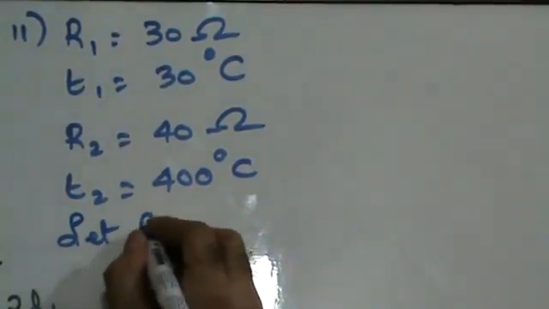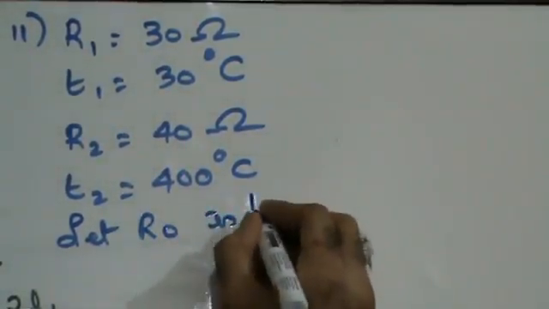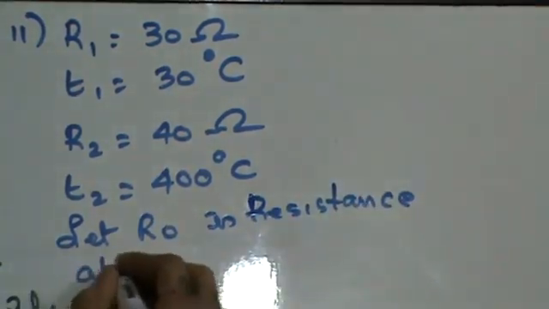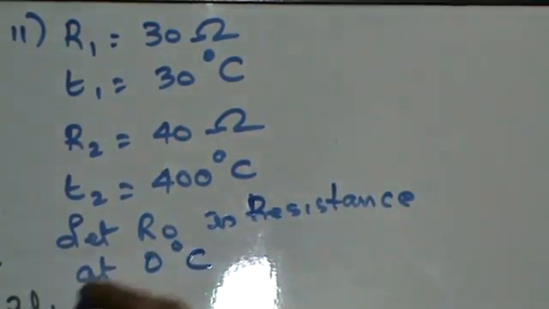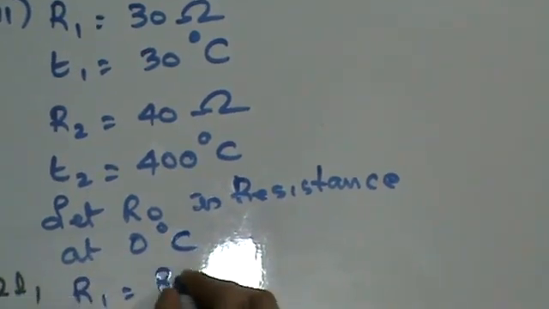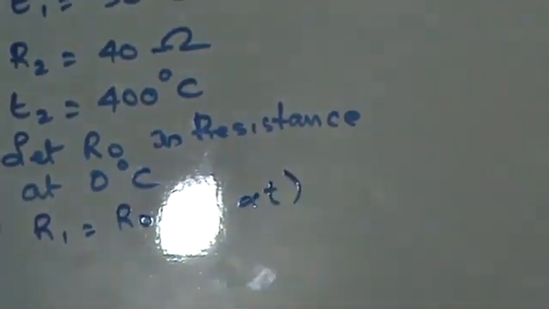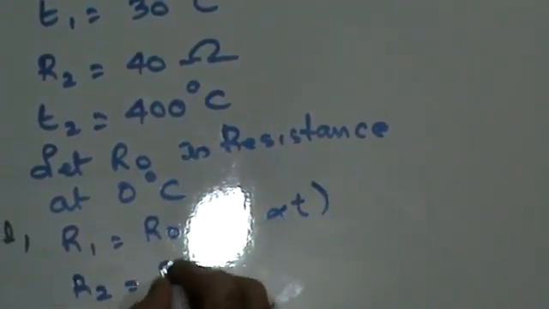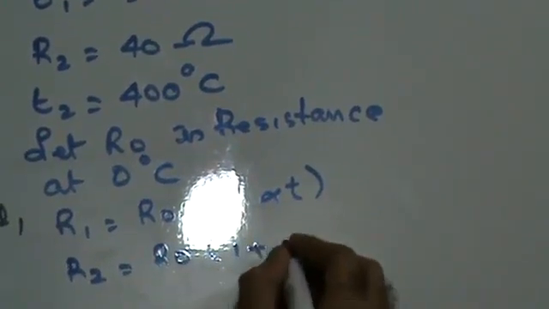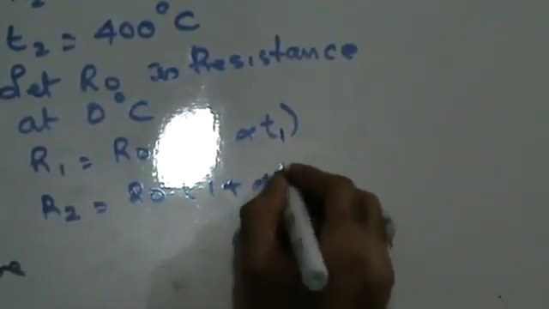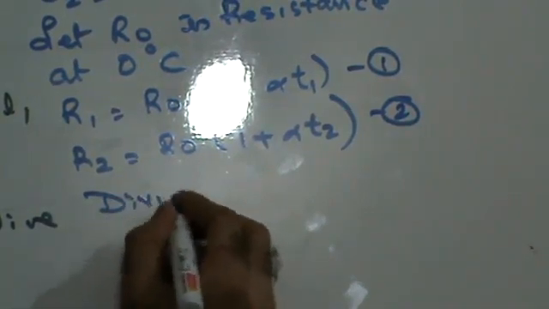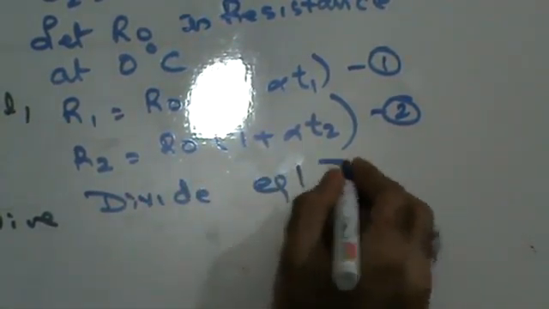Let us assume that R0 is the resistance at 0 degrees Celsius. Now R1 is equal to R0 into 1 plus alpha T1. Similarly, R2 is equal to R0 into 1 plus alpha T2.